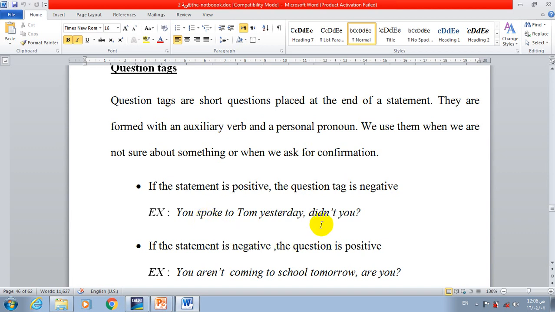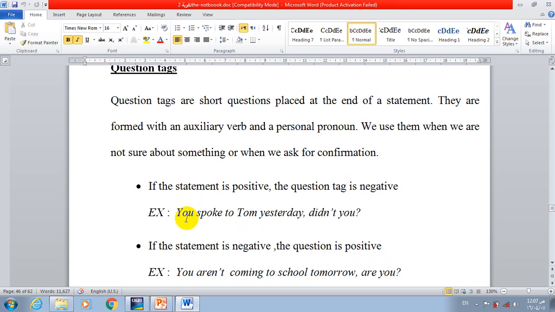So we must use the question tag in negative case and we must use the helping verb didn't, because like I told you, spoke is in the past, so we must use didn't, and after that we put the subject pronoun you.